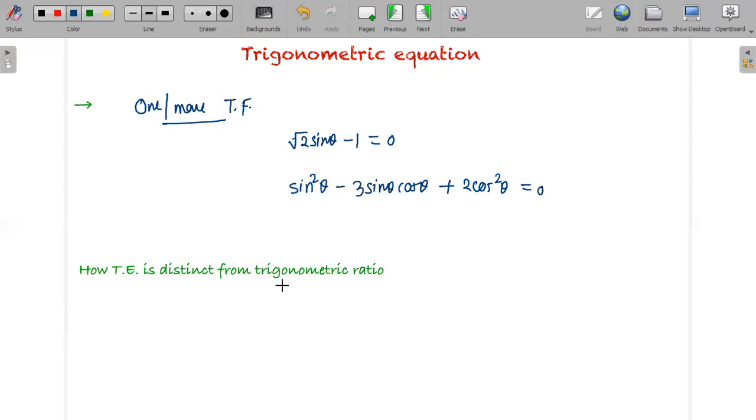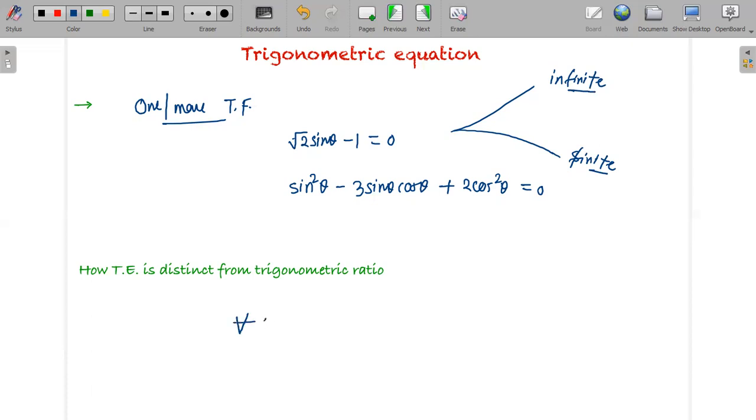Then what is the difference between a trigonometric ratio and a trigonometric equation? See, a trigonometric equation is satisfied by a set of values. This set of values may contain a finite or an infinite number of solutions. But as far as a trigonometric ratio is concerned, it is satisfied for every value of theta.